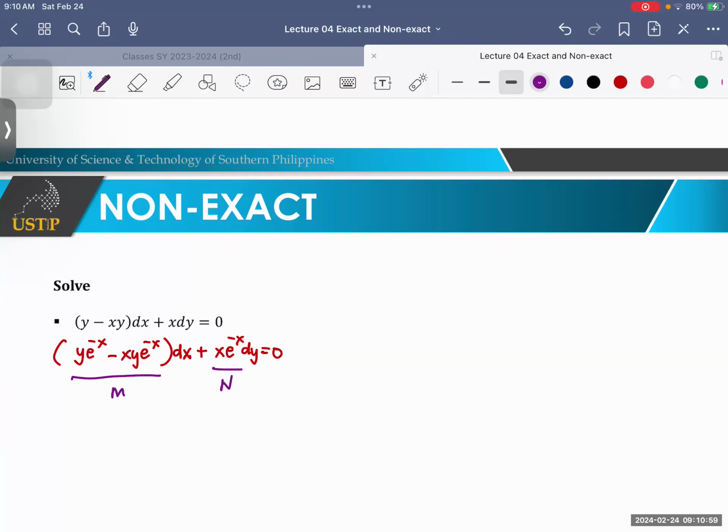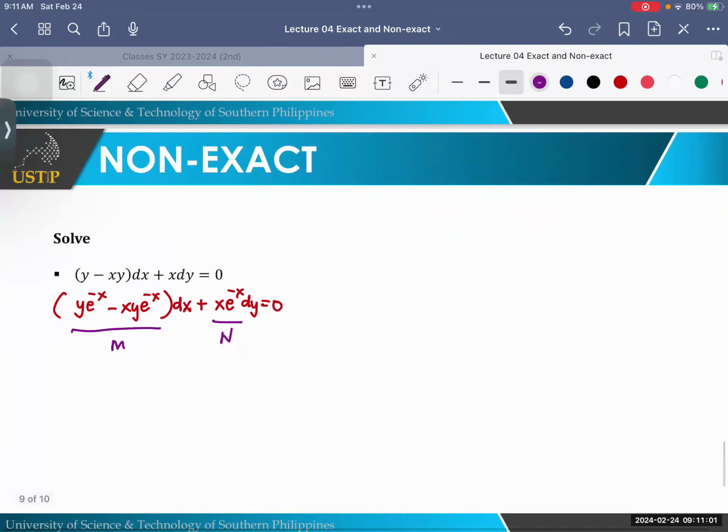So we test for exactness sa atong bag-o nga expression, no. Dili siya technically bag-o. Ato lang siyang gisaninaan og bag-o class. So we test for the exactness.